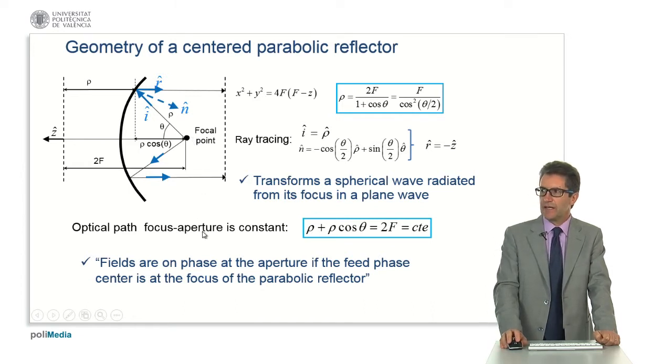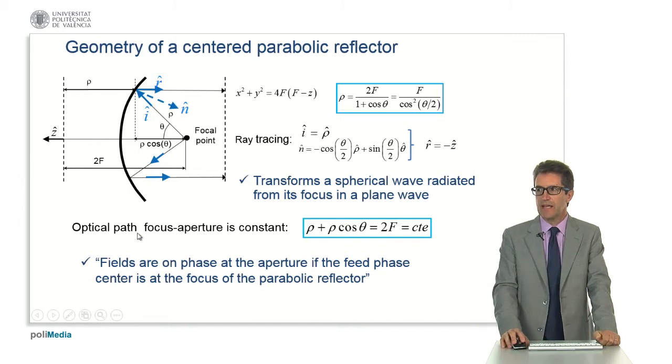And the most significant characteristic is that the optical path from the focal point towards the reflector surface and then to a given point of the aperture is the same for any other ray traced from the focal point to the reflector surface and then to the aperture.